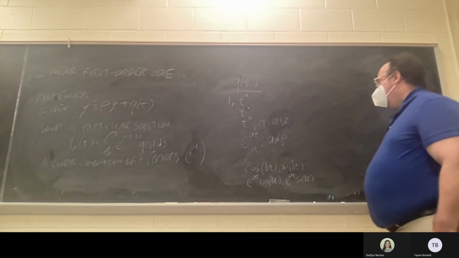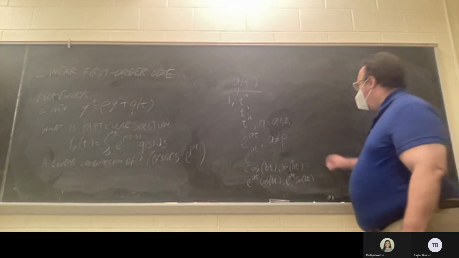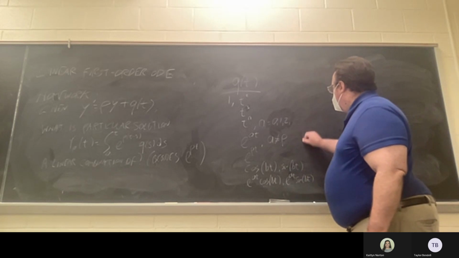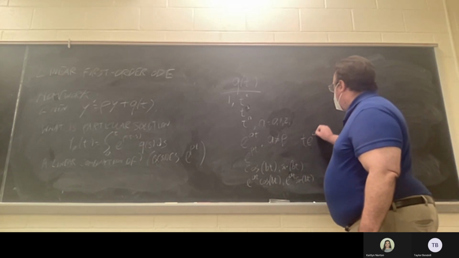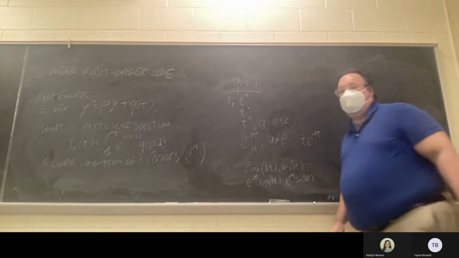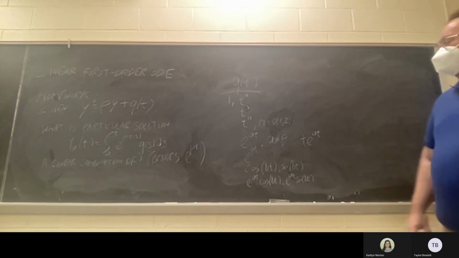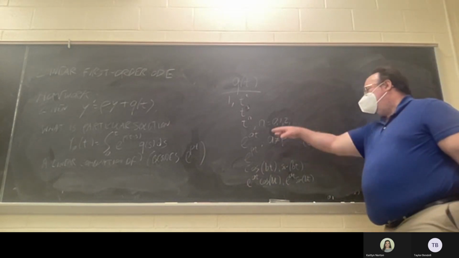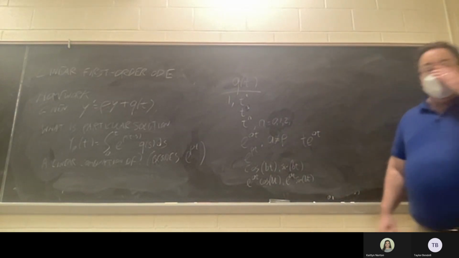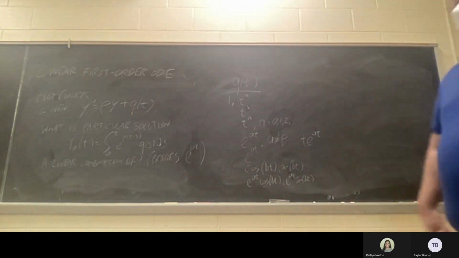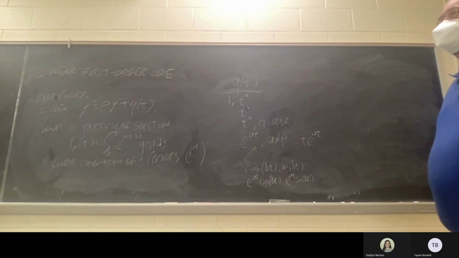I'll throw in just one more: t e to the at. So you can see how this one differs from just e to the at by itself. And then you can probably figure out from there and all the other ones you're doing, what if you had t squared or t cubed e to the at, what would happen in that case?